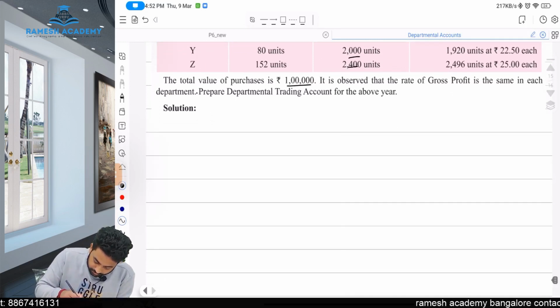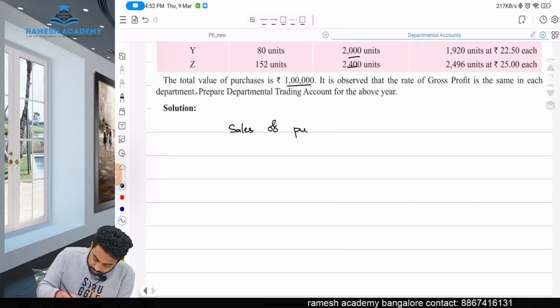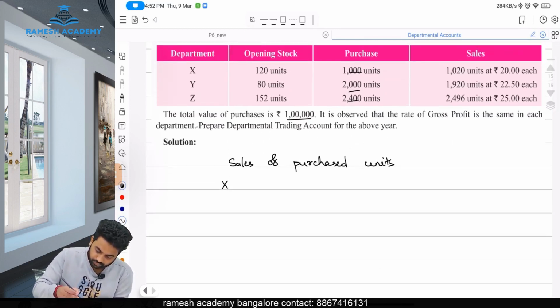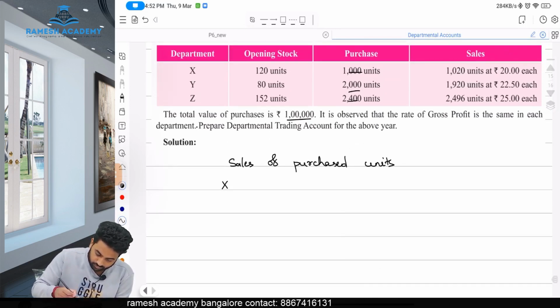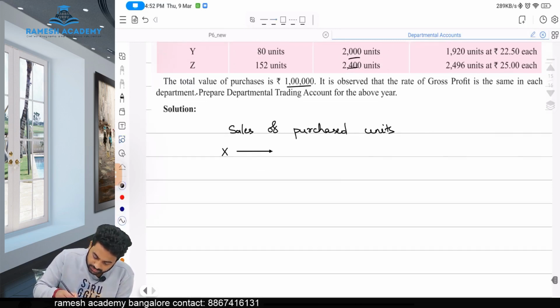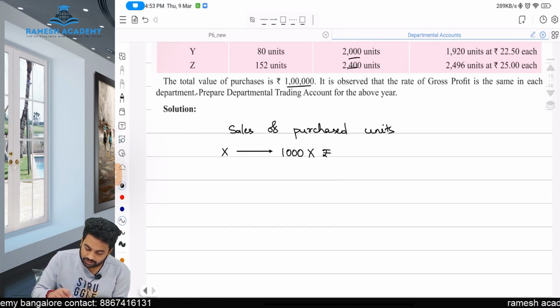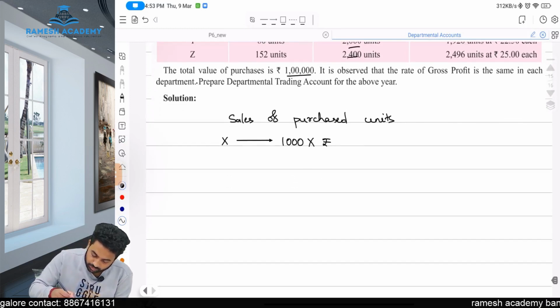Sales of purchased units. Okay, X. How many units purchased? 1000 units purchased, sir. 1000 into 1 unit is sold at what price? 1 unit is sold at 20 rupees.